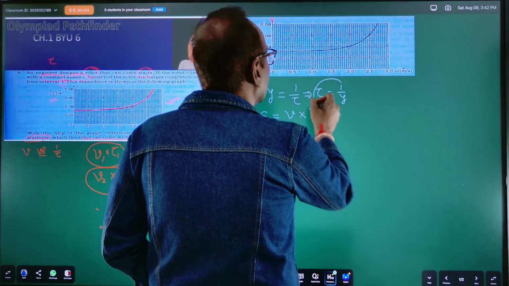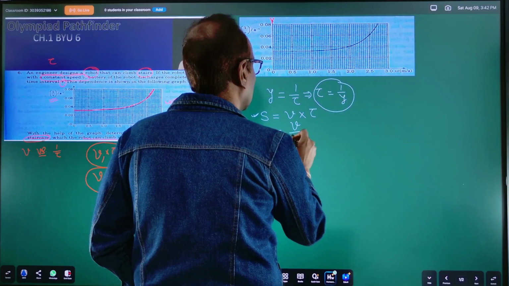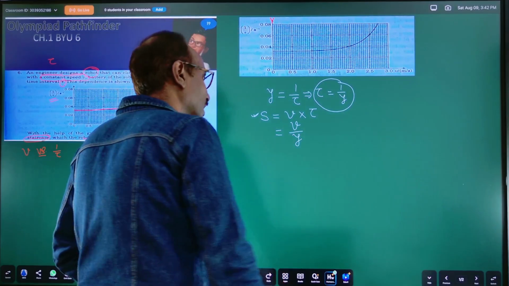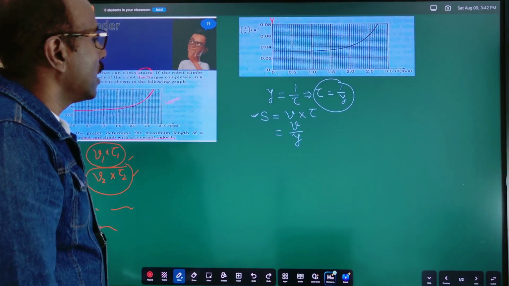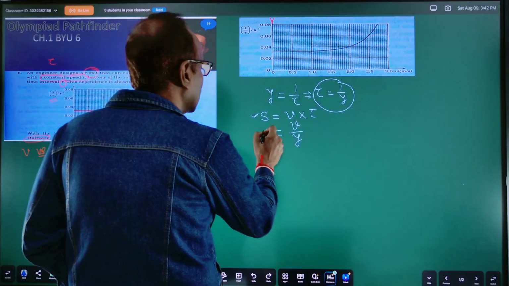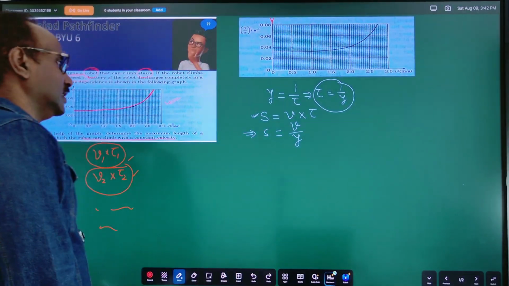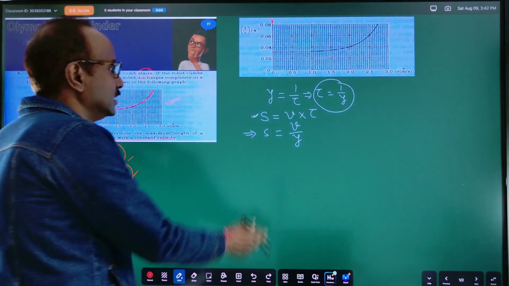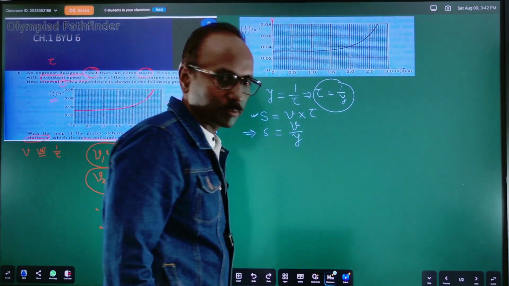So tau we can use from here, and we can write s equals v by y. In this way, we have got the length covered by the robot as a function of v and y.